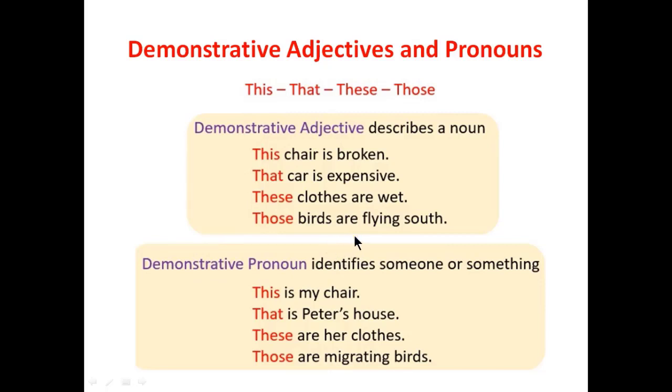Now you will have to look into the meaning and the idea of the sentence, then ultimately you can recognize whether one of these words carries the status of a demonstrative adjective or a demonstrative pronoun. A demonstrative adjective describes a noun. This chair is broken, that car is expensive, while a demonstrative pronoun identifies someone or something. These are her clothes, those are migrating birds.